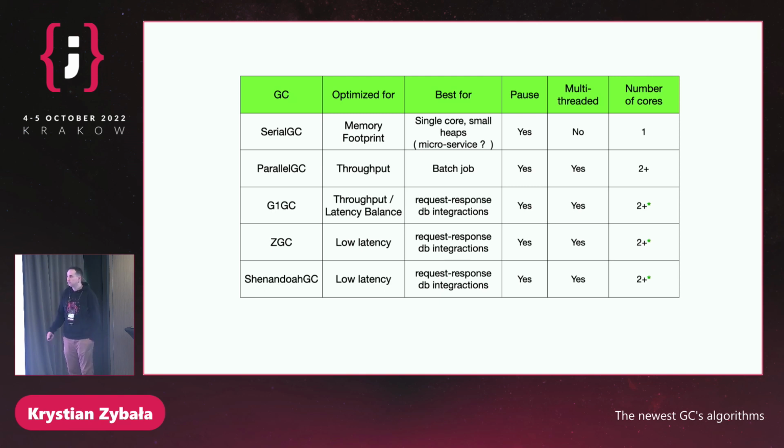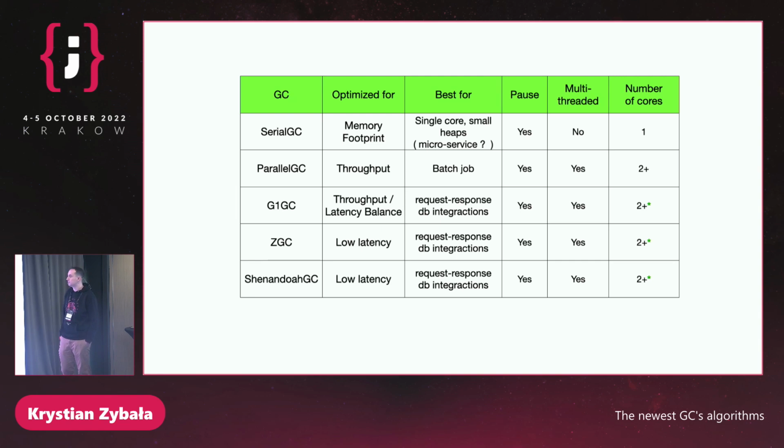Sometimes we have to decide which algorithm we have to use. For example, serial GC is optimized for memory footprint. It's the best for microservice architecture, single core, small heaps. Small heaps, I mean, for example, 400 megabytes and so on. It's a very small heap. Of course, most of our algorithms have pauses, so nothing new.